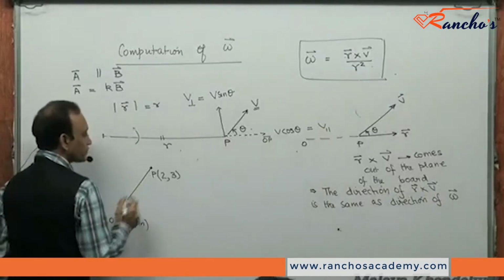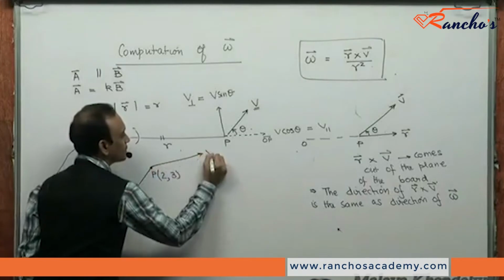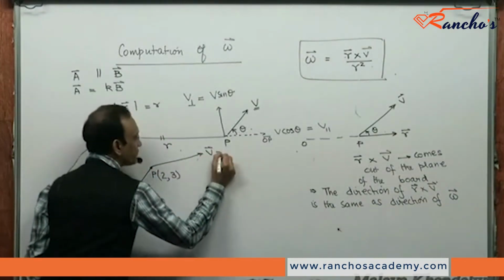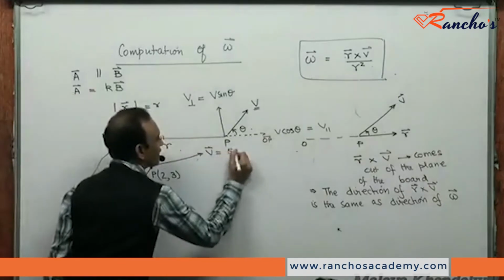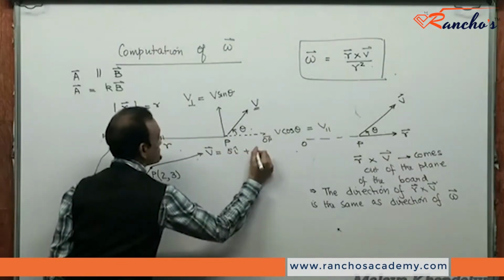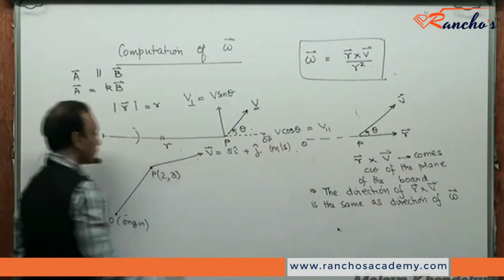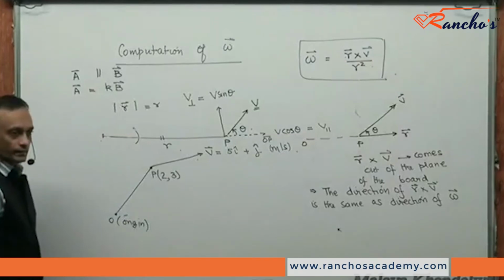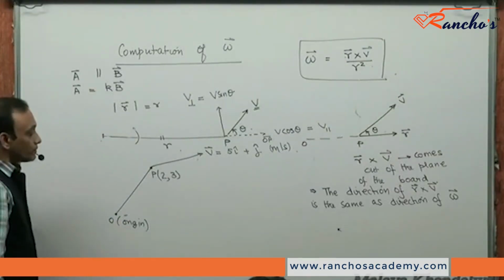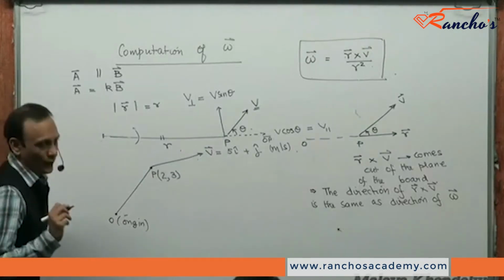And say the particle has a velocity 5i cap plus j cap, say in meters per second. I need to find the angular velocity of the particle as seen by O.